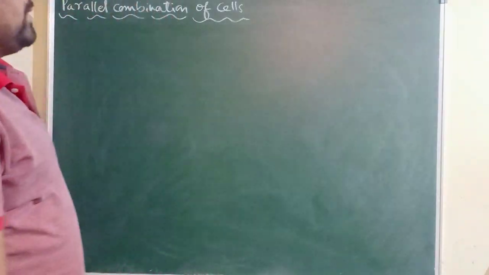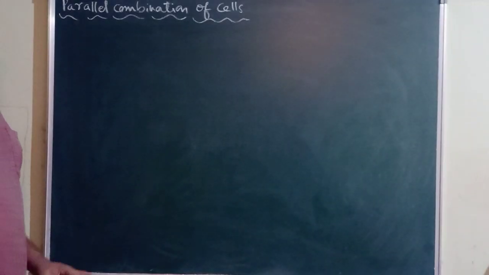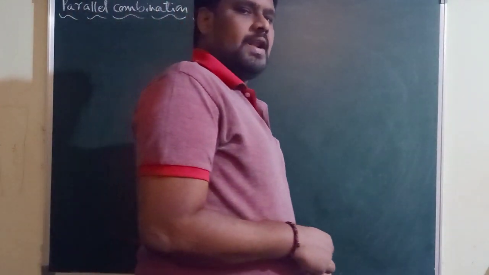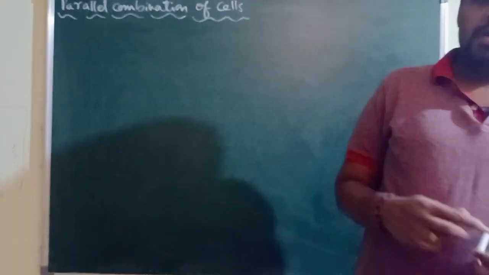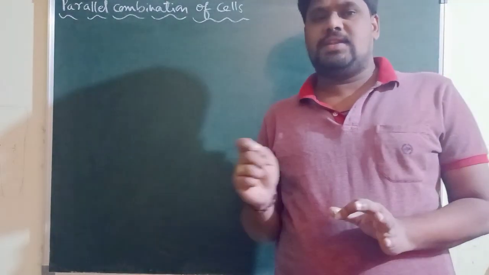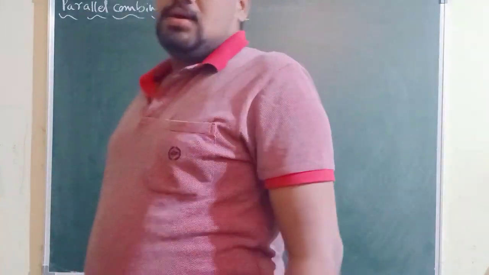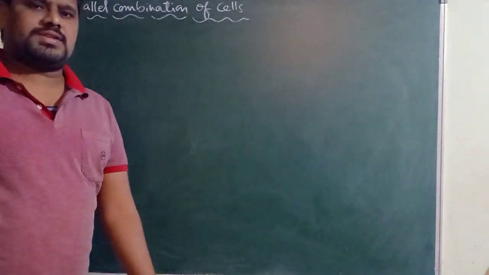So our aim is to determine the equivalent EMF and equivalent internal resistance of a number of cells when they are connected in parallel. As far as the examination is concerned, this content is very important for 5 marks.